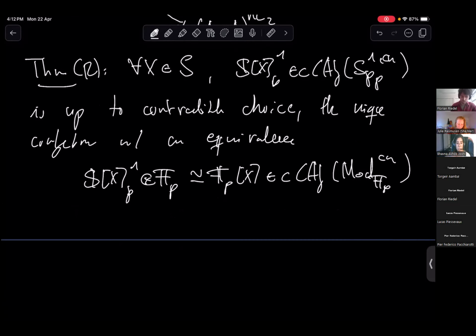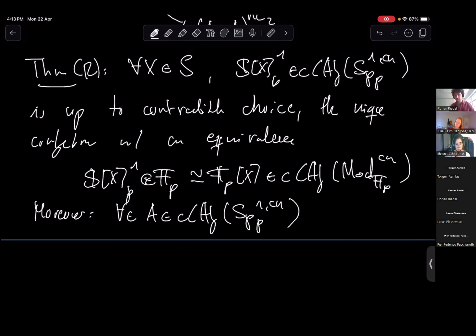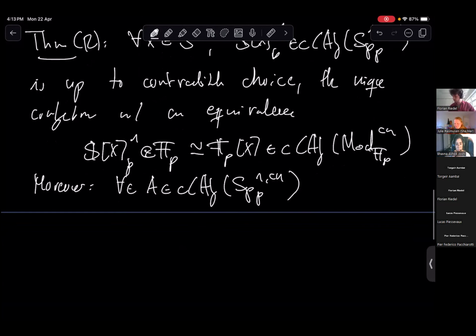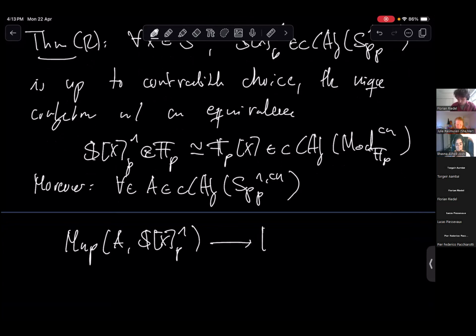But you could even say more, and this is the functoriality aspect I was describing. Moreover, for any A, a coalgebra in p-complete connective spectra, it's just a business where the notation is horrible. Always carry around too many adjectives, but so it goes. You have a natural map: if you look at coalgebra maps of A into the p-complete suspension spectrum, you have a natural map down to maps of F_p coalgebras.